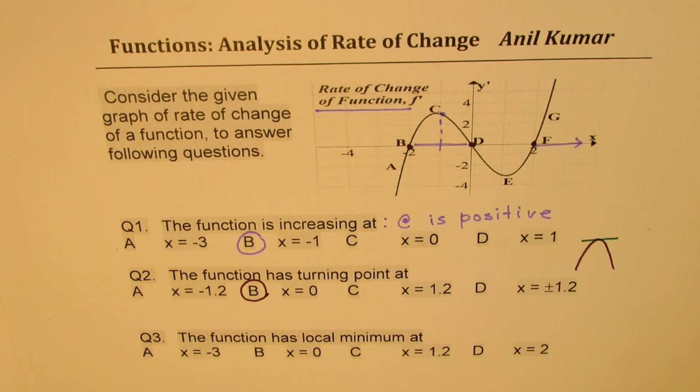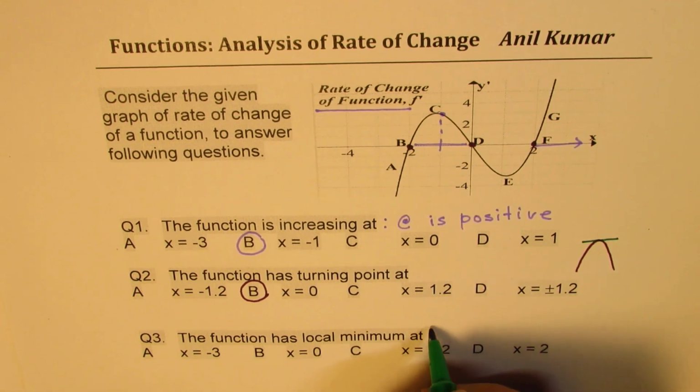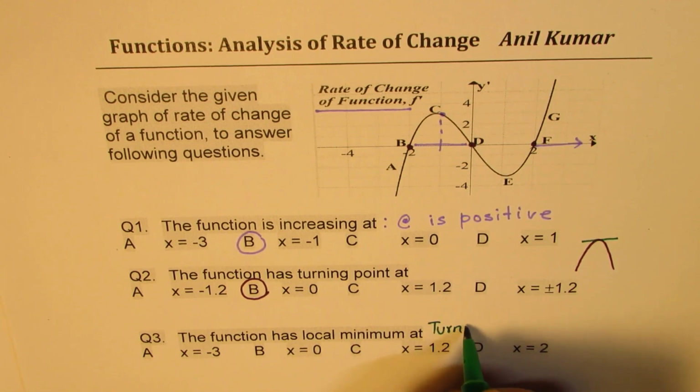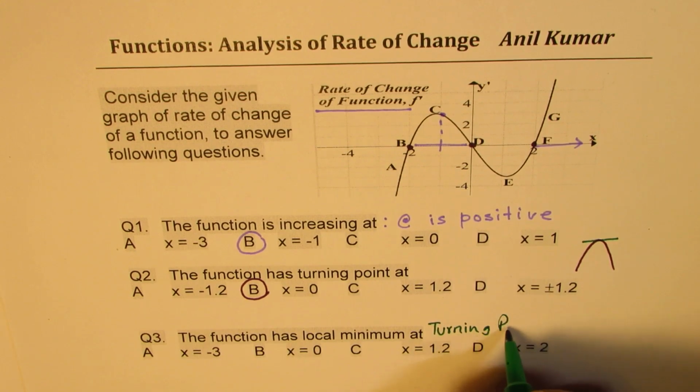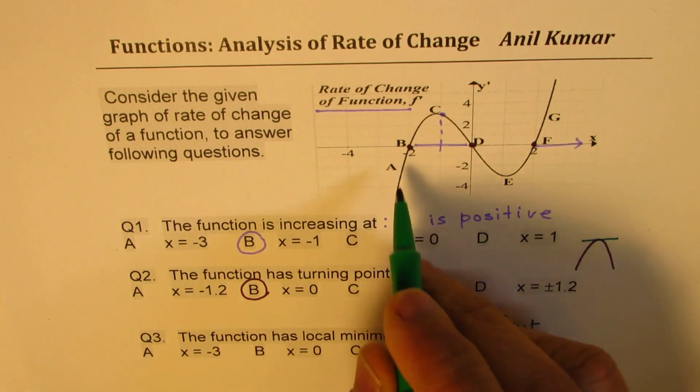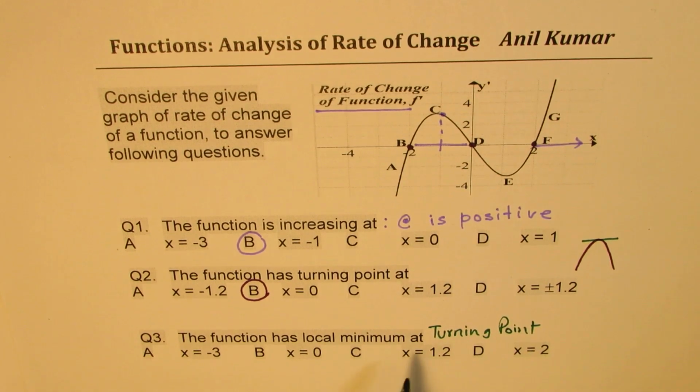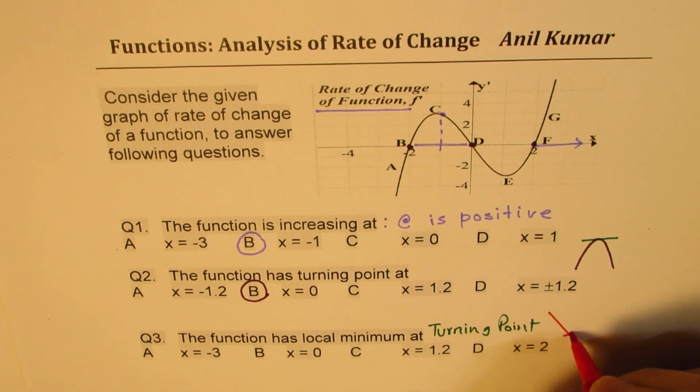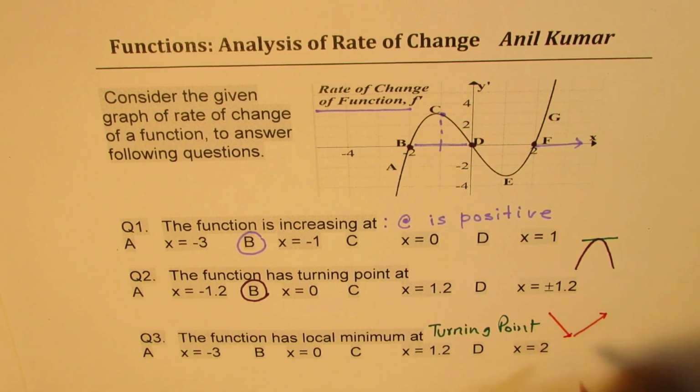Correct? Now, question number 3. The function has a local minimum at. So local minimum will be at the turning point, right? So that is for sure. Okay. Now which one? So we have, in this case, 3 turning points. Local minimum basically means that the function will be decreasing and then increasing to give you the local minimum, correct?